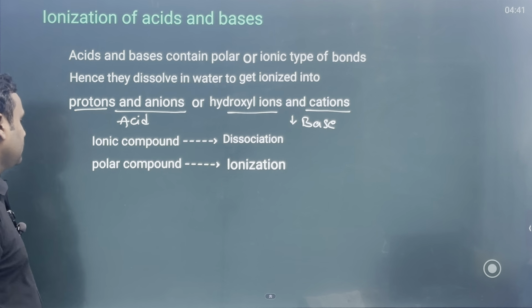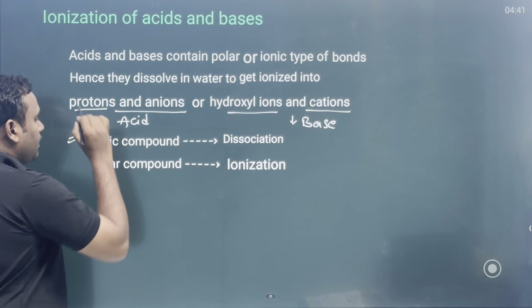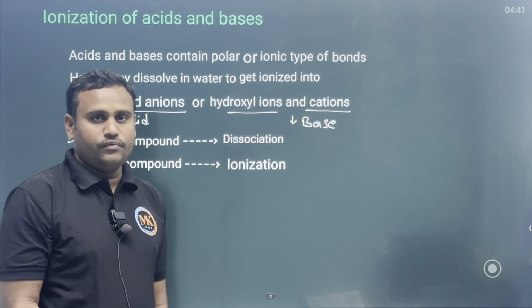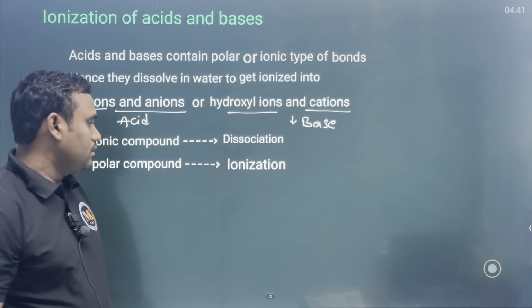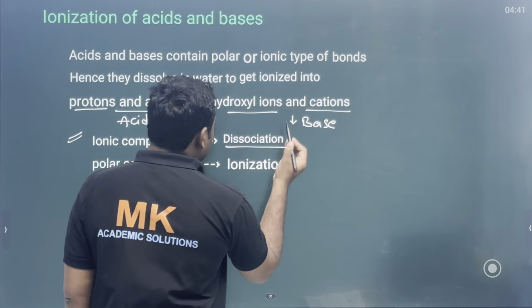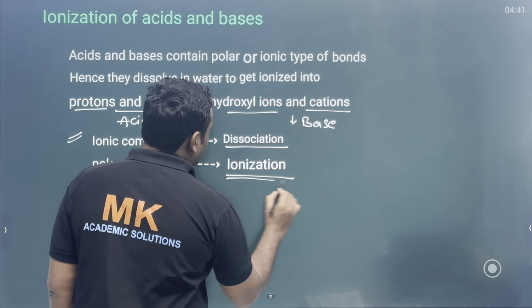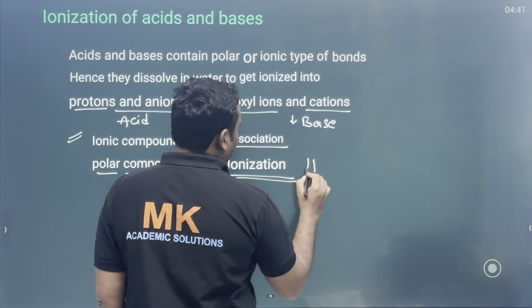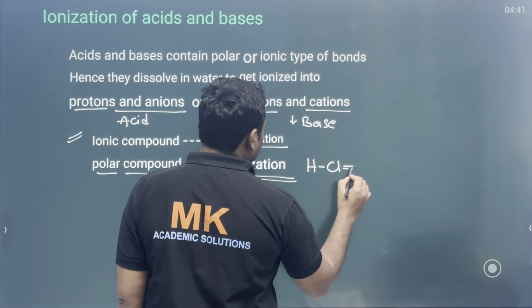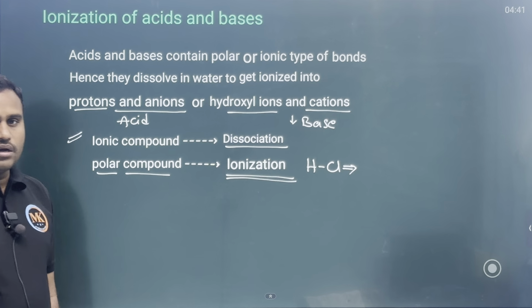Okay. So here, when you take an ionic compound, that process is called dissociation. When you take a polar compound, that process is called ionization. For example, HCl is a polar compound.